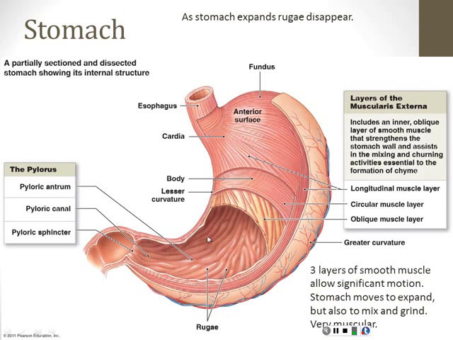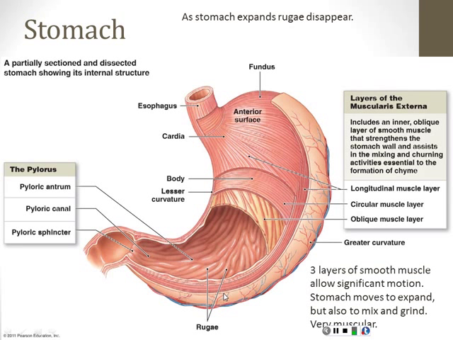All right, so one of the stomach's principal jobs is to store undigested food between meals. We don't have to eat every hour or even every 2 hours. We can go 3 to 4 hours between meals during the day. And part of the reason for that is because the stomach is expandable.